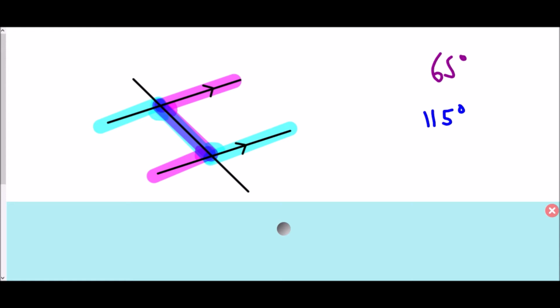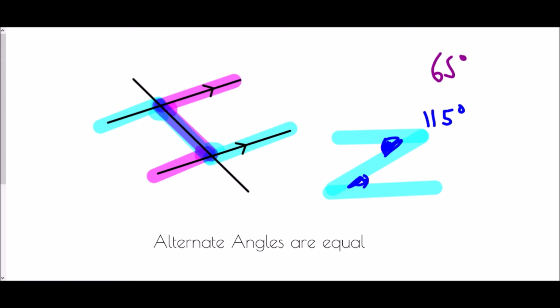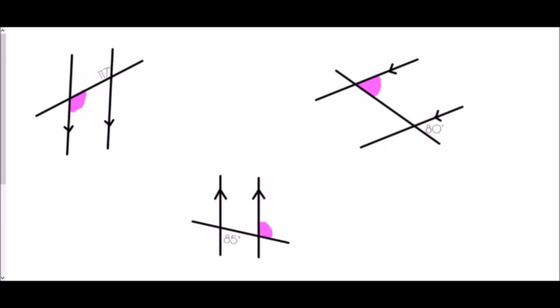And that is because if we ever find a shape that looks like this, then the angles on the inside of that Z shape will be the same. And that is because of the rule alternate angles are equal. So if we see this Z shape within the parallel lines, we are dealing with alternate angles and they are equal. So let's give that a go.